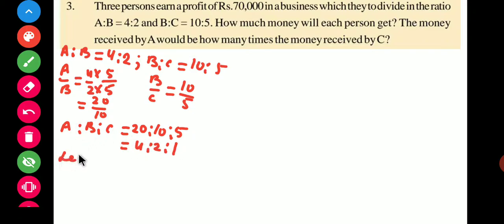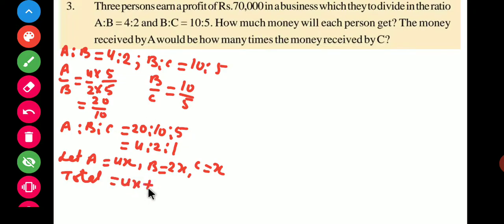Let A's money be 4x, B's money be 2x, and C's money be x only. So what will the total amount be? That is 4x plus 2x plus x, which is 7x, but it is given that it is 70,000.